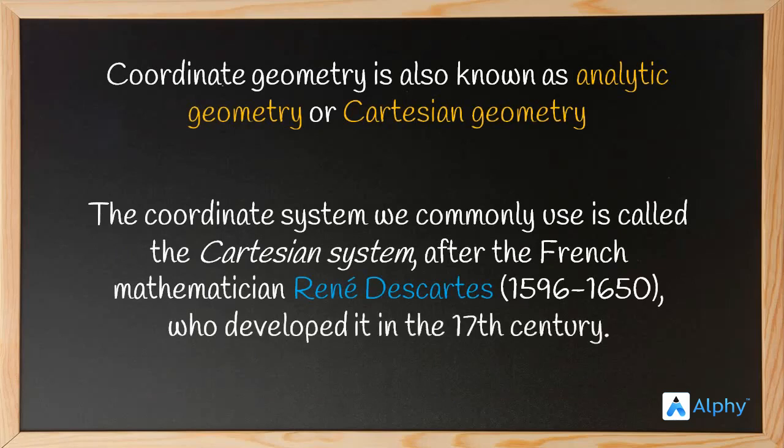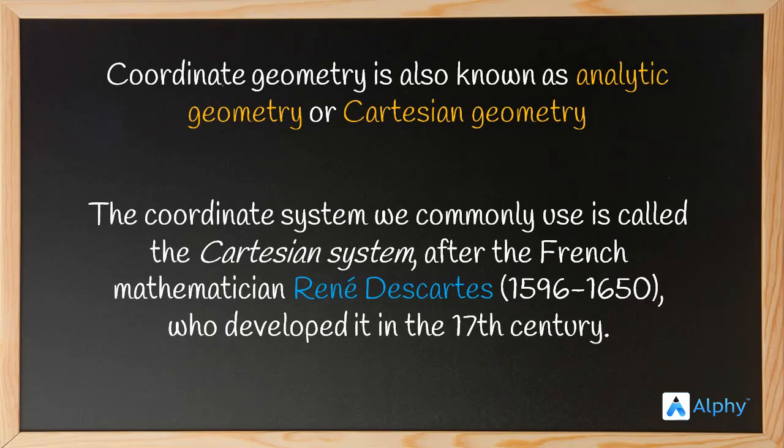So basically in his honor, we get the name Cartesian geometry. Legend has it that Descartes, who liked to stay in bed until late, was watching a fly on the ceiling from his bed. He wondered how to best describe the fly's location and decided that one of the corners of the ceiling could be used as a reference point.